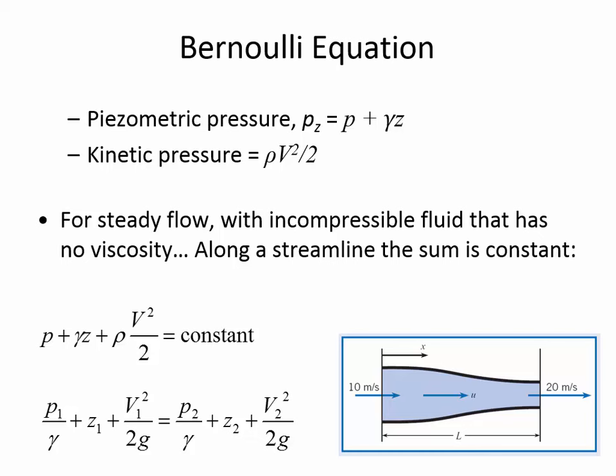But no. Bernoulli's equation says that the sum of the energy, if we're ignoring energy losses due to pipe friction, has to be the same. And so if the velocity goes up, that energy has to come from somewhere. You can't just have velocity increase without the energy coming from somewhere, and that somewhere is the pressure head that was existing at location 1.